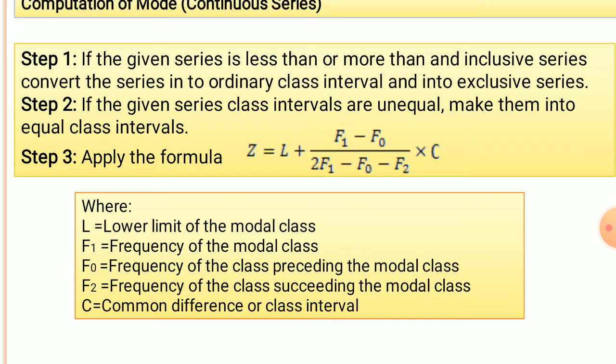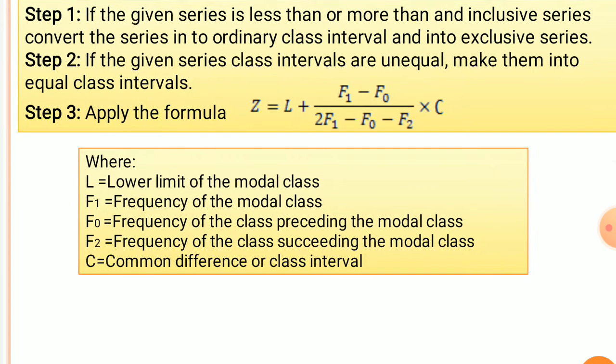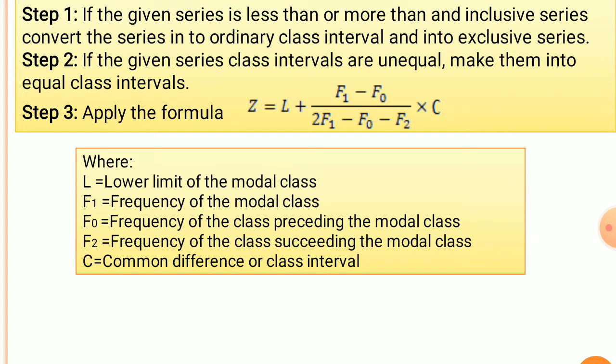So L plus f1 minus f0 divided by 2f1 minus f0 minus f2 into c, where L is equal to the lower limit of the model class, f1 is equal to the frequency of the model class, f0 equals the frequency of the class preceding the model class, f2 equals the frequency of the class succeeding the model class, and c is equal to the common difference or class interval.